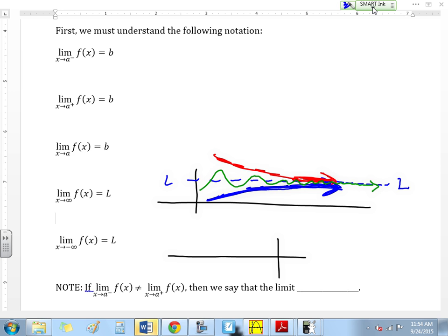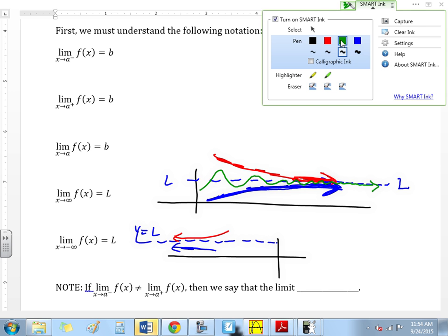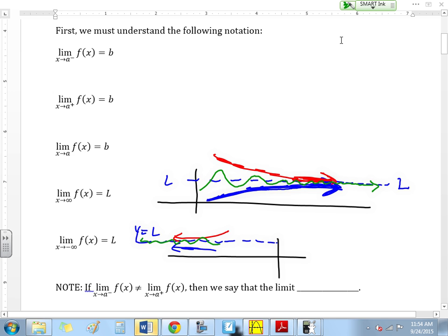You've got this line y equals L. The curve is either falling onto it, rising towards it, or wiggling towards it, like that. But that is the negative infinity direction. One last note for this page, and then we'll get into some practice of our own drawings.